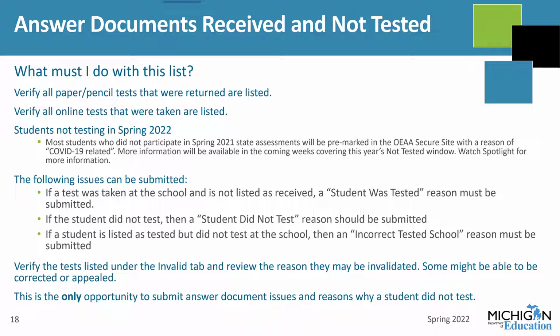This is the only opportunity to report any possible issues that could be resolved and to submit a reason why a student did not test for a possible accountability exemption. The Answer Documents Received and Not Tested windows will come up after testing is over. Again, make sure that you receive the spotlight each week for updates.